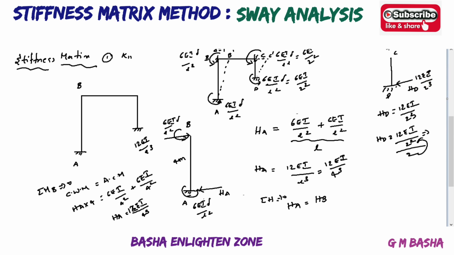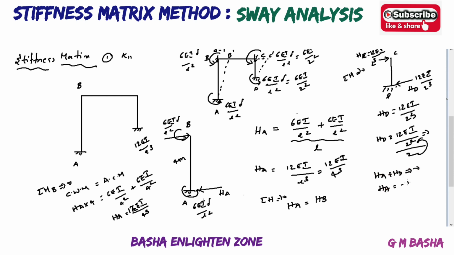In the same sense, what about HC? HC, one will be acting towards right, another will be acting towards left. Why? Because the sum of the moments on the column will be equal to 0. HC plus HD, the sum of the horizontal forces, will be equal to 0.